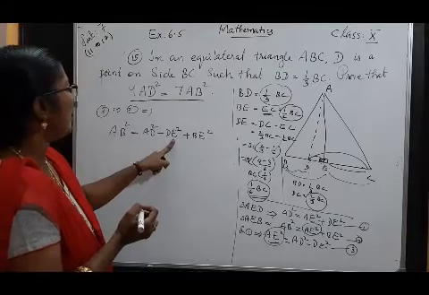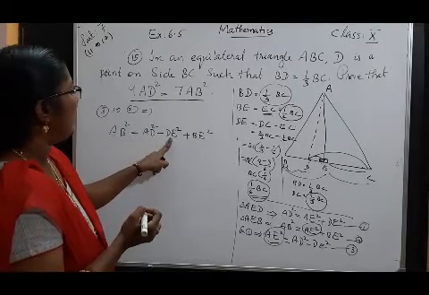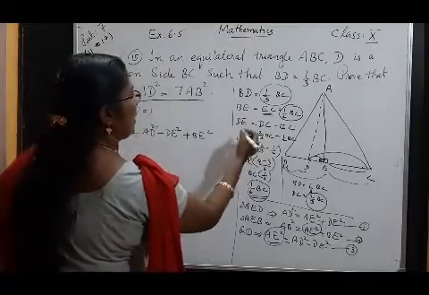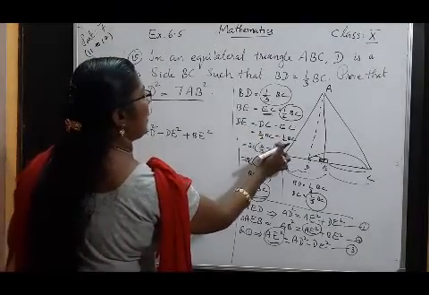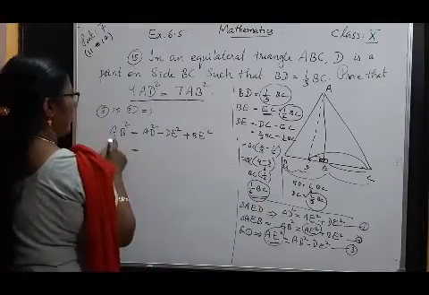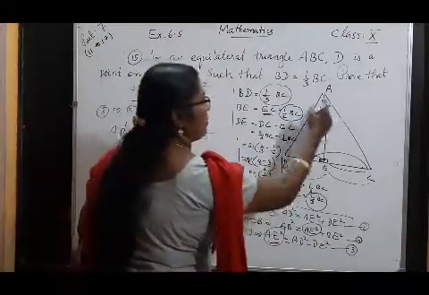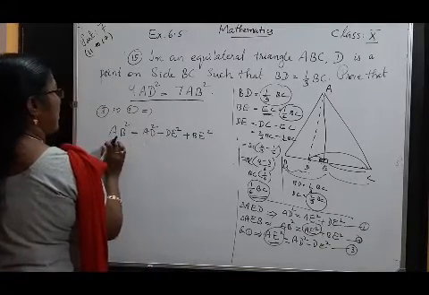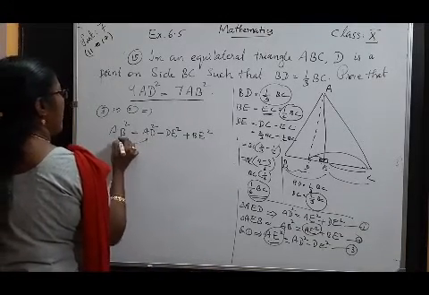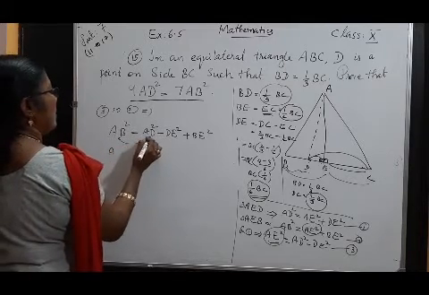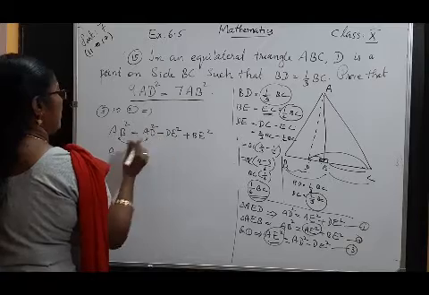What is DE? DE square. Here DE is 1/6 of BC. This is to convert AB and BC as equal. So transpose this AD on the left side and AB square on the right side.